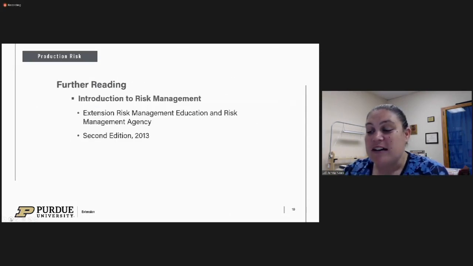So we've kind of covered the different ways to reduce production variability on your small farm and agribusiness. If you do want some further reading, we have on here a resource that might be able to help you. It's the Extension Risk Management Education and Risk Management Agency's Introduction to Risk Management article.